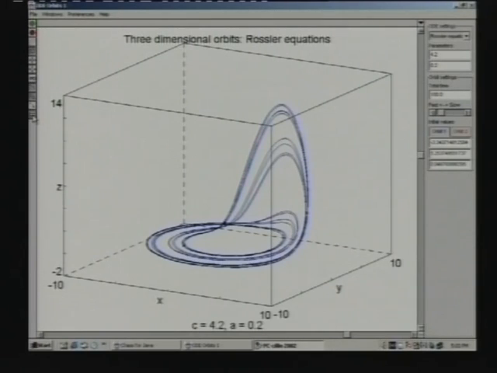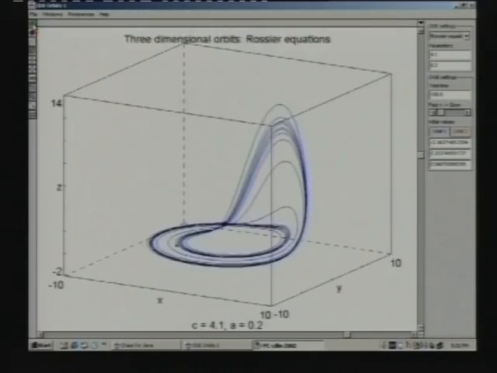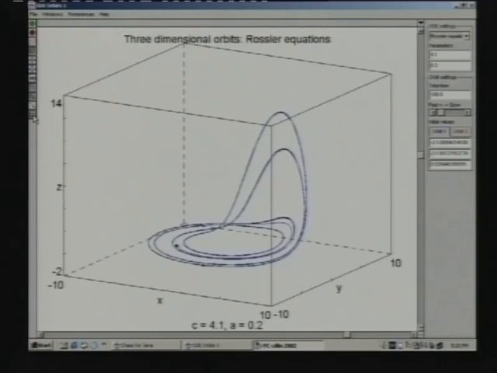Too many, right? But nevertheless a periodic orbit. Well, I can see that it was changing too fast. So, let me see what is in between. This is still a period 4 orbit. Okay. At 4.1 it is still a period 4 orbit.